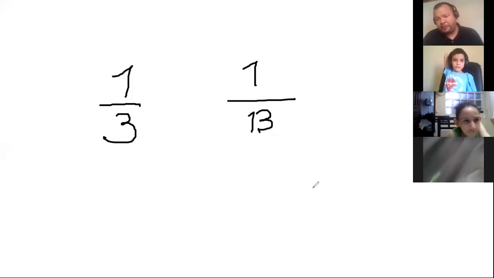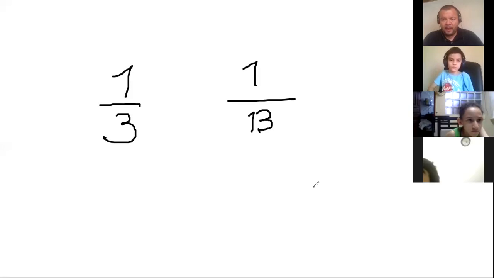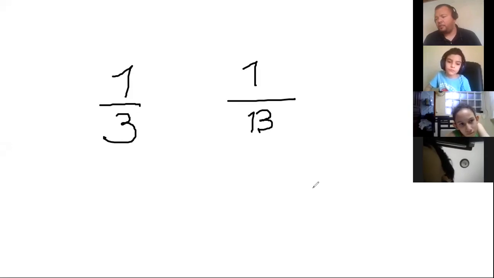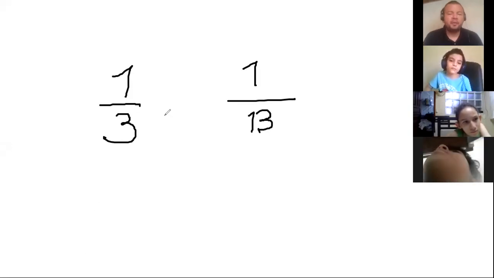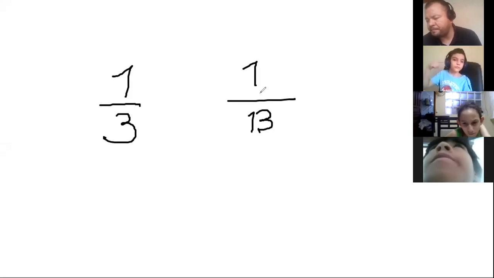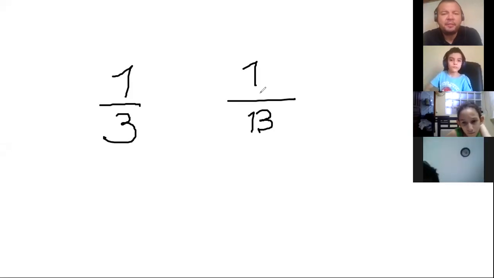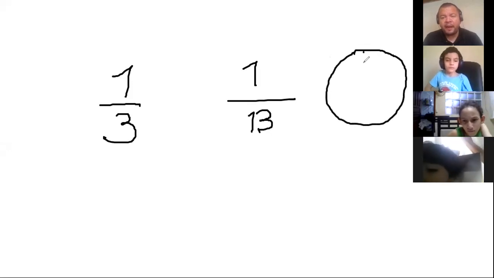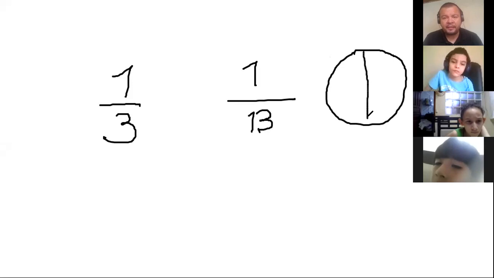Which one of these two fractions is bigger? 1/3 or 1/13? Which one do you think is bigger? No, both are not the same. Remember, we have a circle, and we divide it in 3.